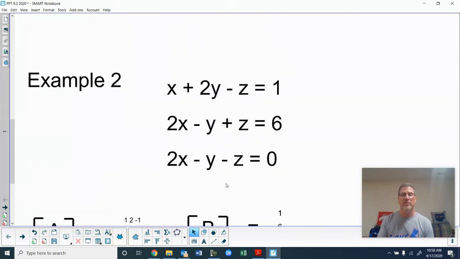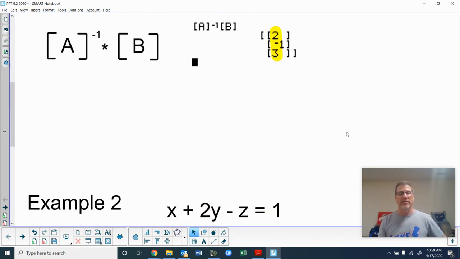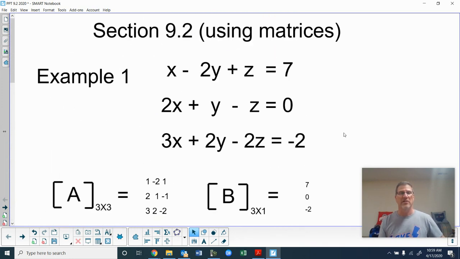If I go up here, this is my answer for that one. 2, negative 1, 3. All right, so again, just using your graphing calculator to solve a system of equations using your matrices, okay? So hopefully that'll be pretty easy for you.